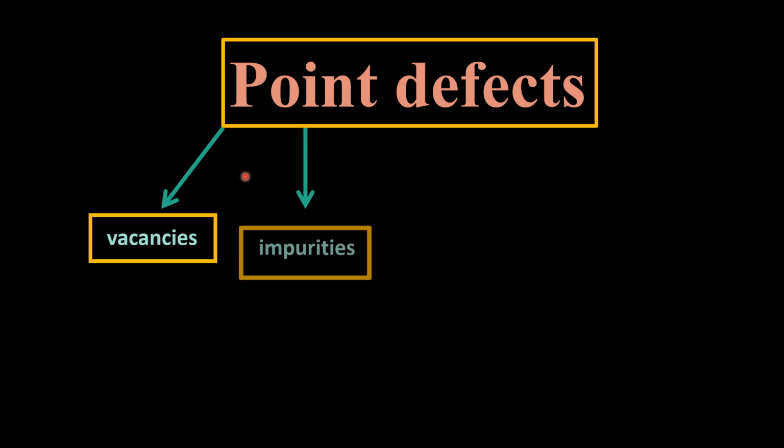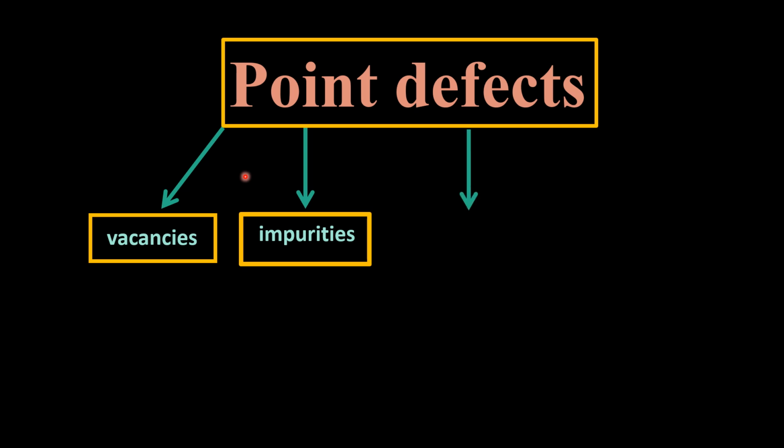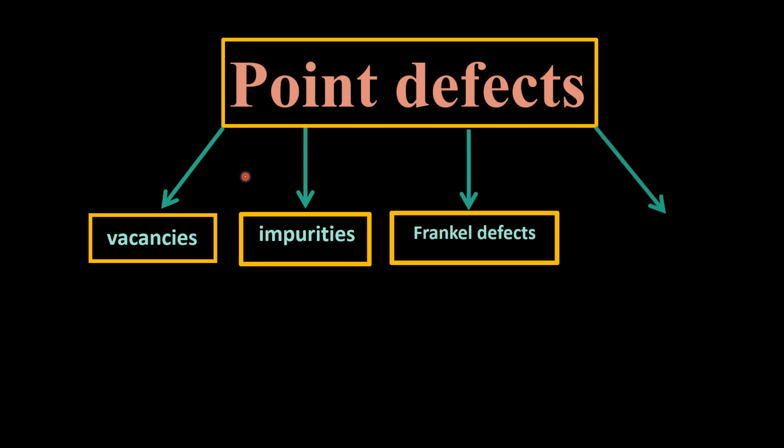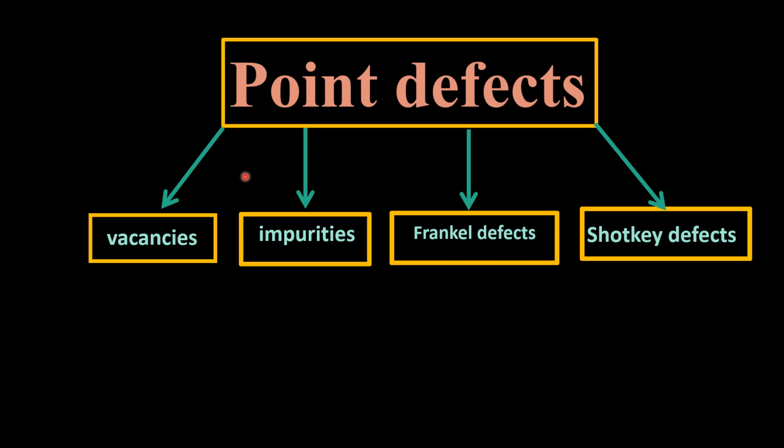So first of all, we are going to discuss point defects. Point defects are the defects which are due to the points, which are due to the different atoms on the lattice sites. These point defects include vacancies, impurities, Frenkel defects and Schottky defects.